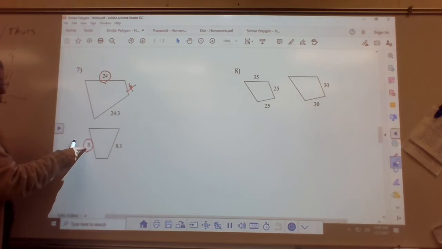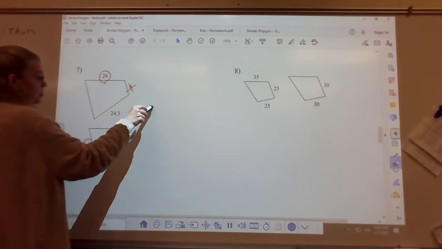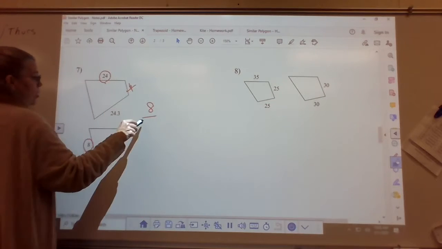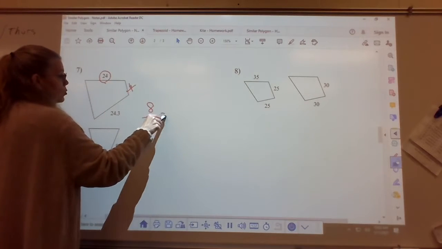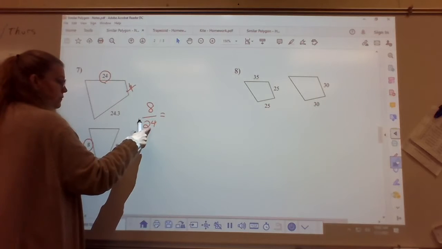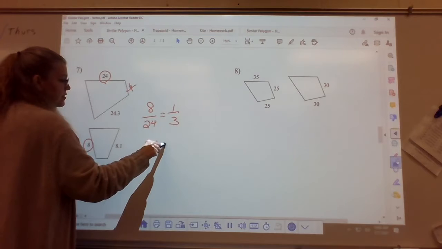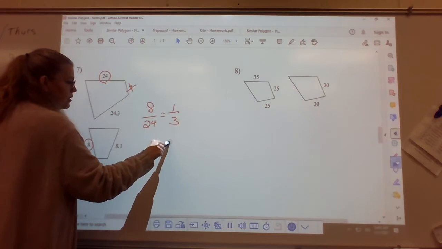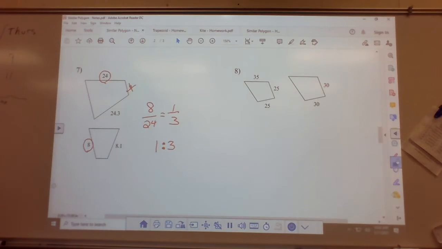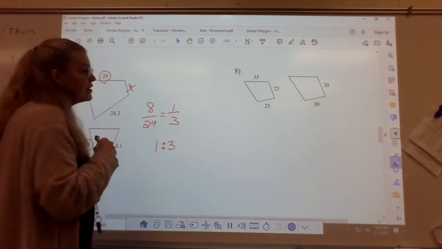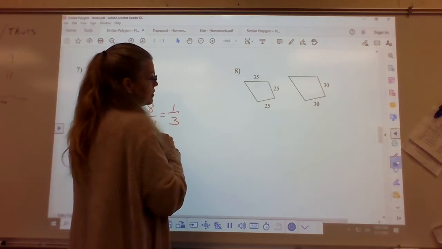So I'm going to put the 8 on top, because remember it's small to large. 24 on bottom. Reduce 8 over 24. They both divide by 8. I get 1 over 3. So my scale factor is 1 to 3. Number 8, again, be really careful to get these lined up right.